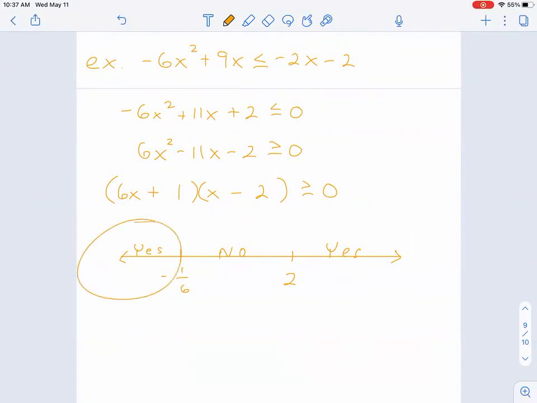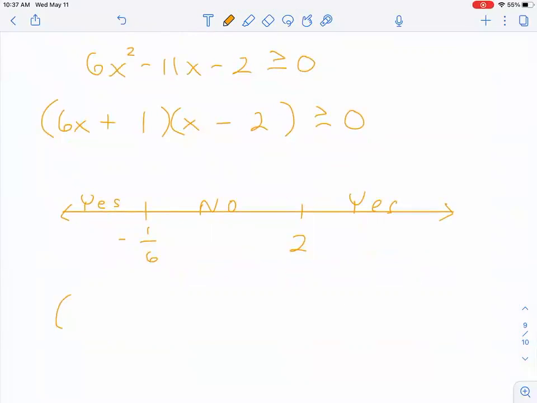So I need the left region and the right region. So it's going to be everything from, whoops, sorry, from -infinity to -1/6. Bracket, because we want to keep our boundary points, because we want the stuff that makes them equal.